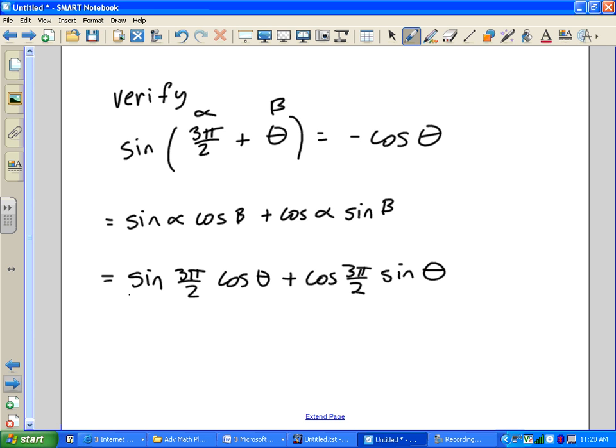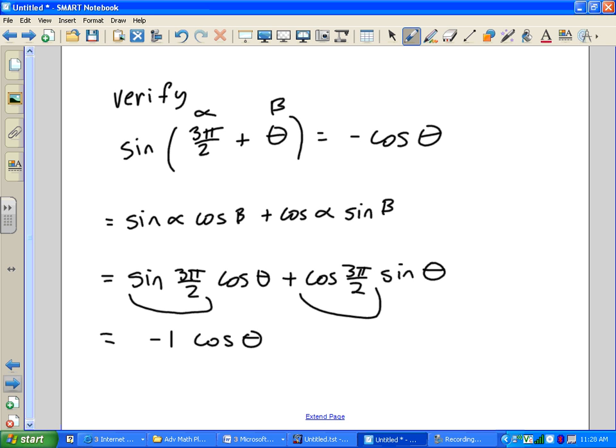Okay, now let's clean this up. Now, we can evaluate that, can't we? Because we know what the angle is. All right, so y'all tell me, what's the sine of 3 pi over 2? -1? Is that right? All right, so it's -1 times cosine of theta, which would just be negative cosine theta, right? So they may write it like that.